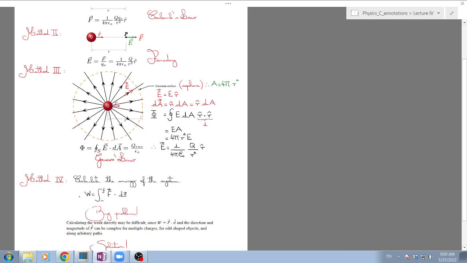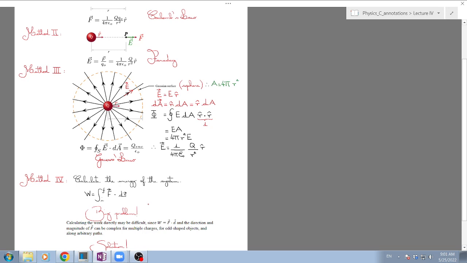But to reach this point is sometimes kind of complicated. Why? Because from time to time this scalar product is not so easy. And also the magnitude and the direction of this vector F can sometimes be very complicated, especially when you have multiple charges, and objects without symmetry, then it's going to be difficult.